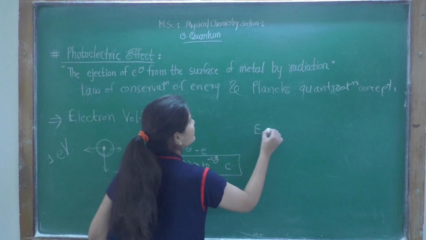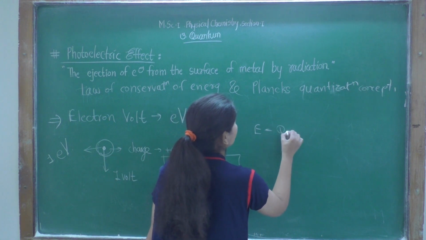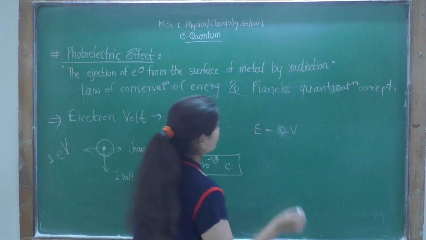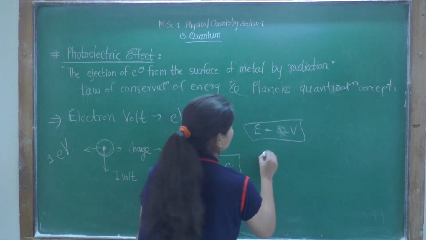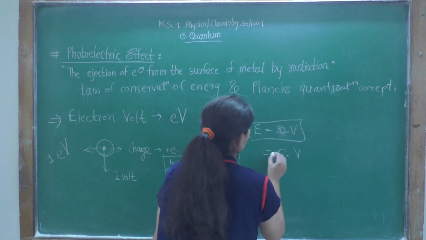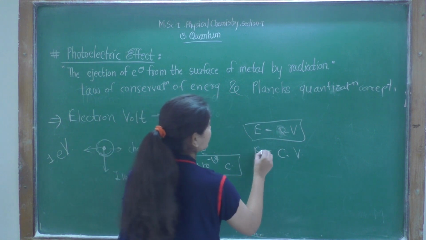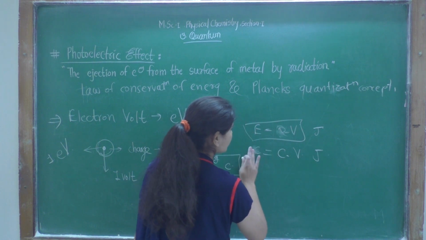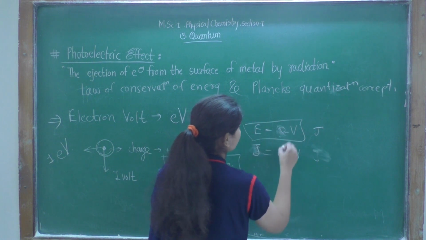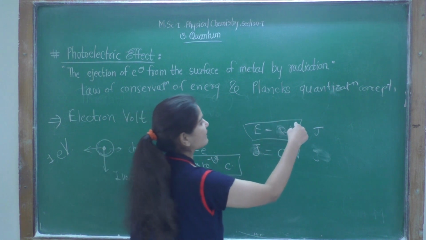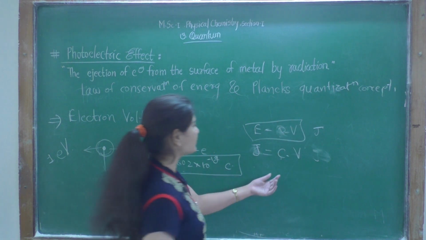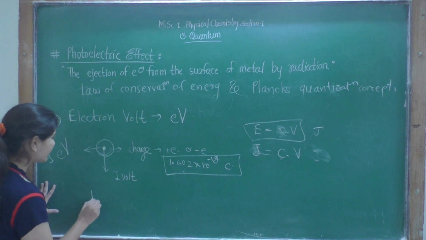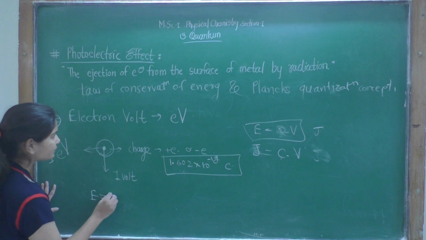Now we know that E is equal to Q into V, charge into potential. That means coulomb into volt is energy and it is in joule. So energy is in joule, charge in coulomb, and potential in volt. So 1 joule is equal to 1 coulomb into 1 volt.